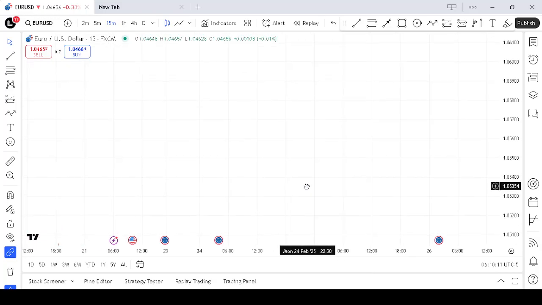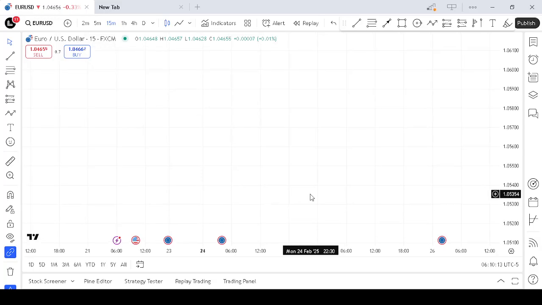So, understanding the ABC pattern, let's dive into what exactly the ABC pattern is and why it is such a valuable tool in your trading arsenal. The ABC pattern represents three distinct price movements in the market that form a clear geometric pattern. Point A marks the beginning of a powerful pattern, usually at a significant high or low.